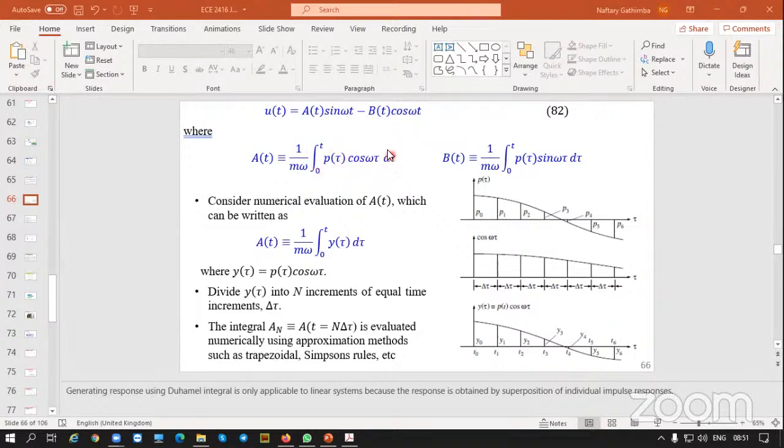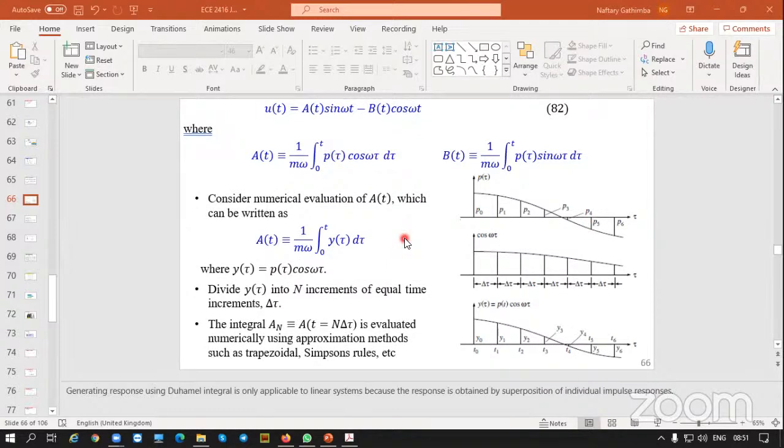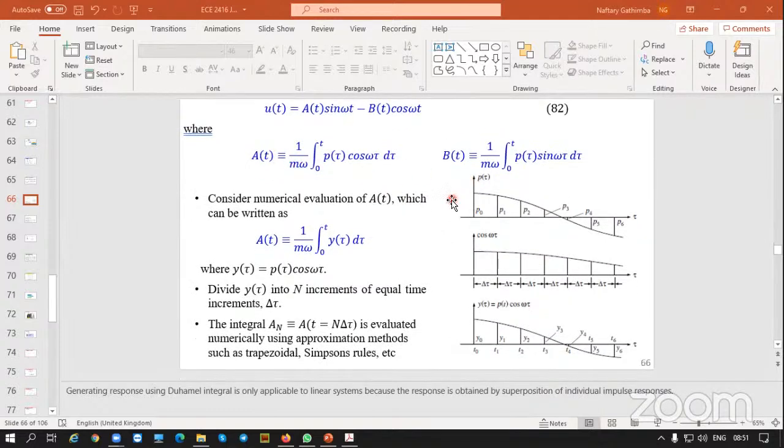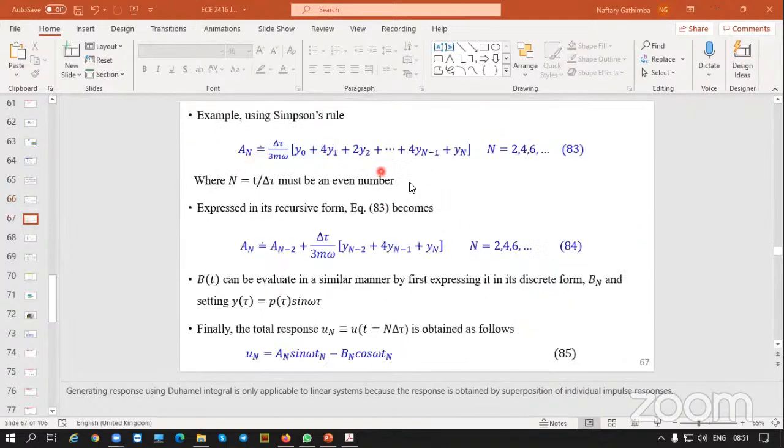This is the part that we are focused on, because the p tau is not numerical and not analytical. So what you need to do, you see this breakdown. You already know what is A and what is B, what is AN, what is BN. We need to evaluate all of this. These are constants, delta tau for 3m omega.